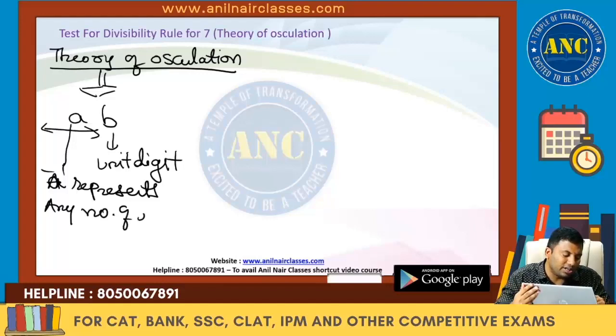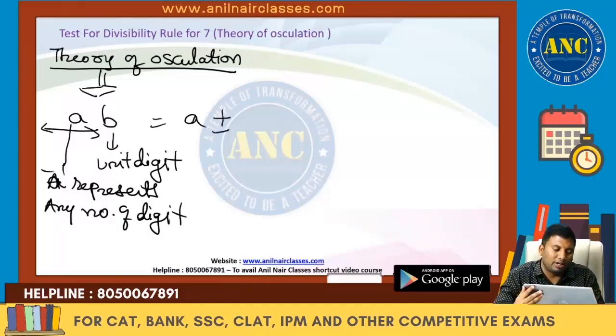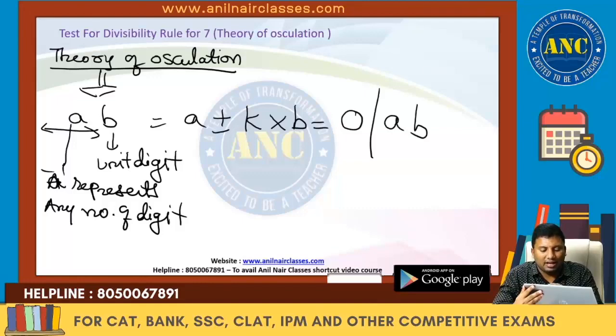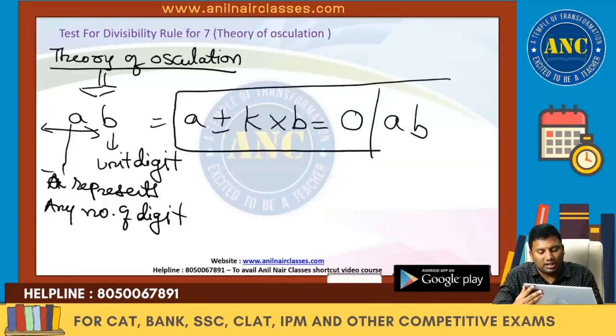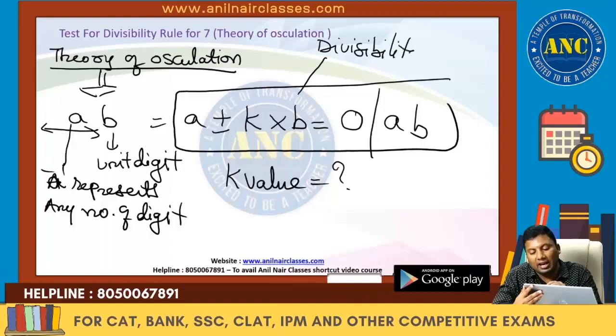It could be 1 digit if it is a 2-digit number, or 3 digits, anything. If you can find the value of k satisfying this equation, then you can find the divisibility rule for any prime number.